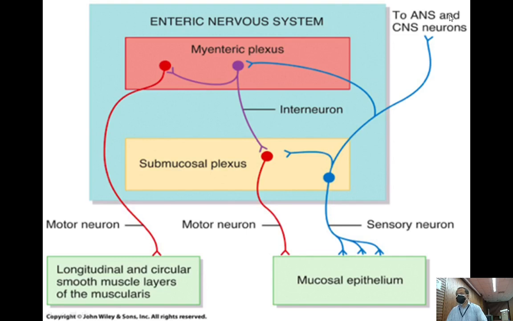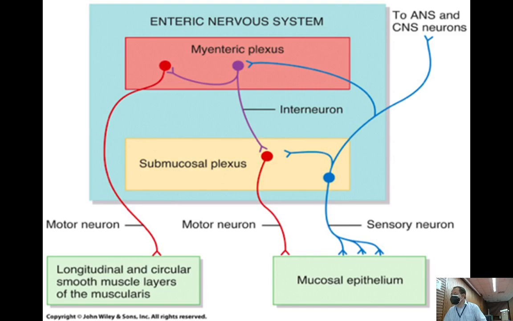Parasympathetic and sympathetic. Sympathetic is the thoracolumbar outflow, starting from T5 to, I think, lumbar L2. The sympathetic fiber leaves the spinal cord and passes through the sympathetic chain to synapse in the celiac ganglion or the mesenteric ganglion.